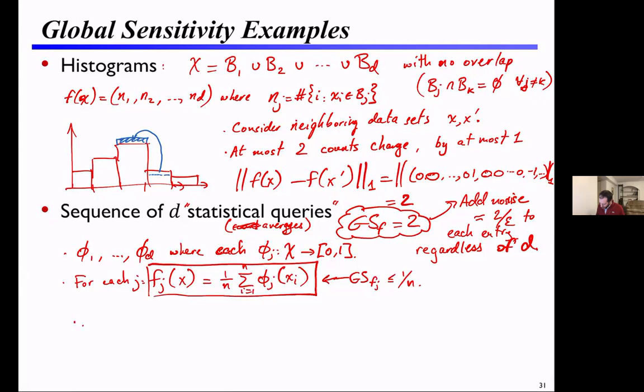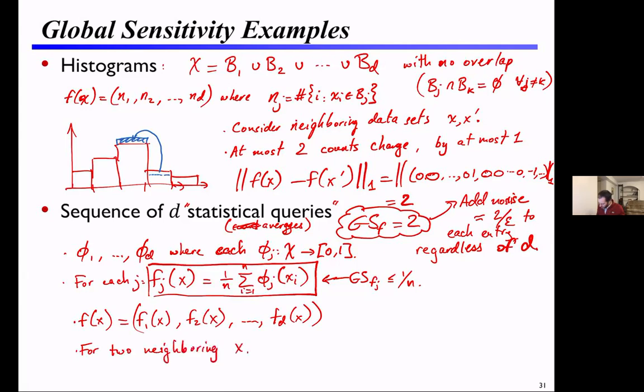But what I'm interested in is releasing all d of these: f 1 of x, f 2 of x, up to f d of x. And now the global sensitivity of this thing, for two neighboring data sets x and x prime, is the norm of f of x minus f of x prime.